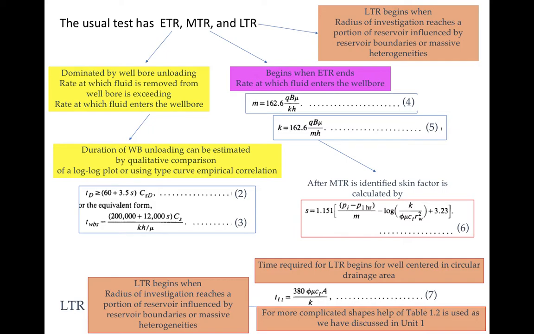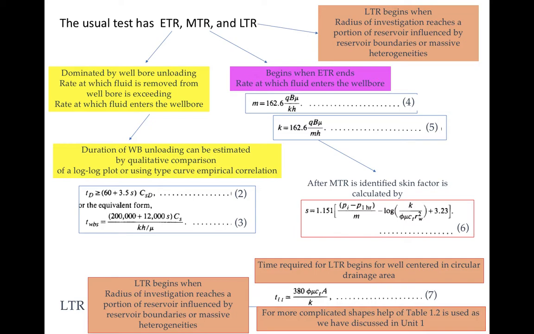We want the rate of fluid flow at the surface to be equal to the rate of fluid entering the wellbore, right? Once these two rates are equal, only then will the wellbore storage effect go. Otherwise, the wellbore storage will dominate and will not allow the middle time region to be reached, right?